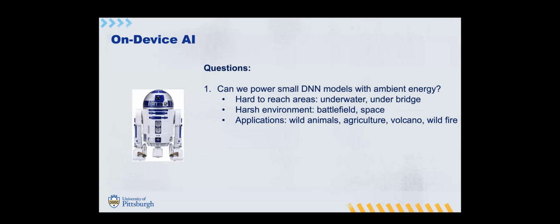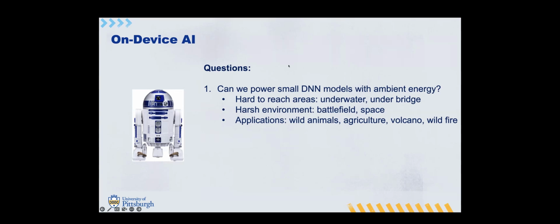So in all these scenarios, we need to deploy these sensors onto places that are hard to reach, which means it's hard to replace the battery. So how can we use energy harvested from the environment to power these systems?